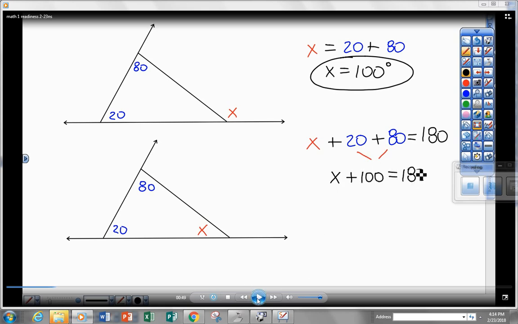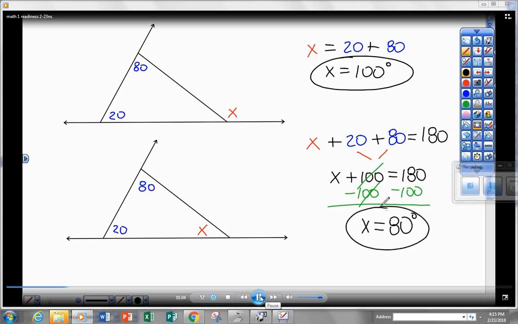And then now I can start my inverse operations. To isolate this x, subtract 100 on both sides, and that gives me x equals 100. I'm sorry, x equals 80, which it should, because 80 plus 20 plus another 80 gives you 180.